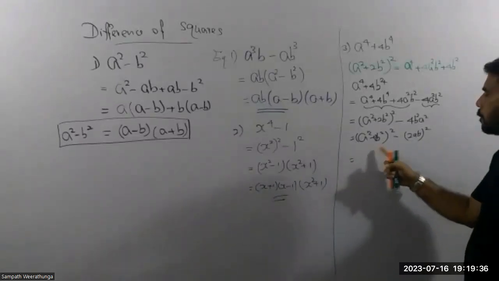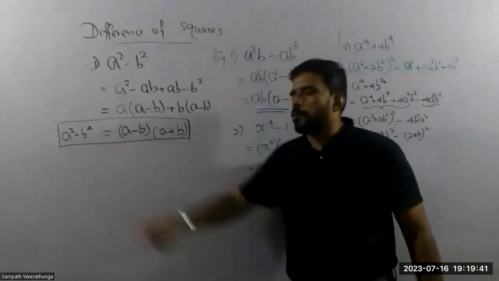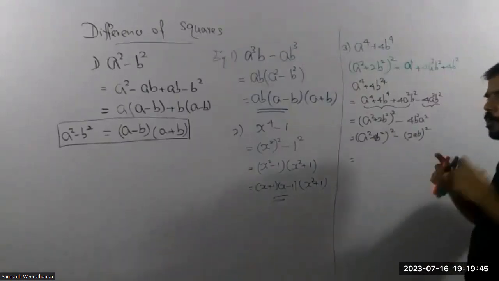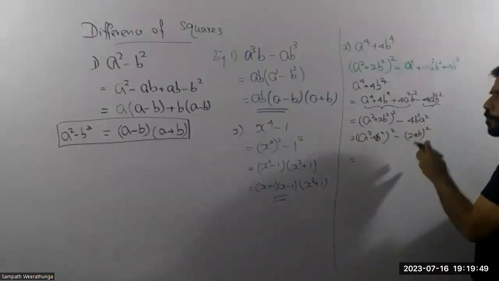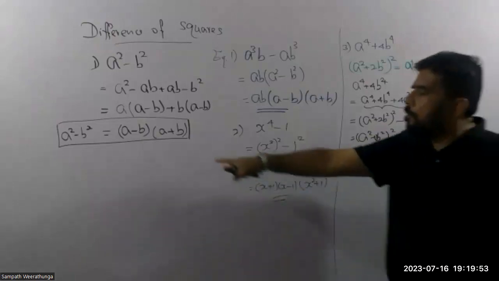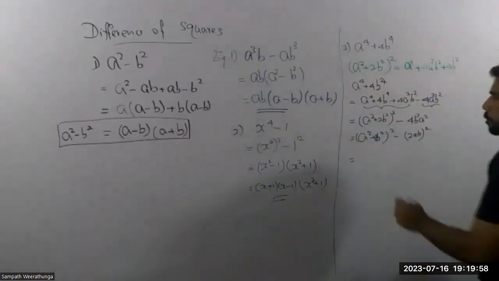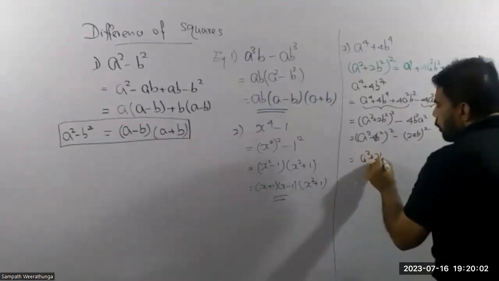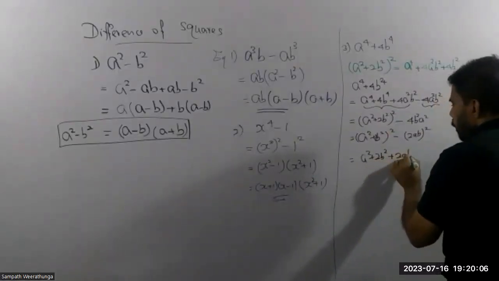But at this point, I can see that this is sharing the same relationship of a square minus b square. So now, taking this as one term and this as the other term, I'll directly write the solution for the difference of squares expansion. So my a is this, a square plus 2b square, plus 2ab.